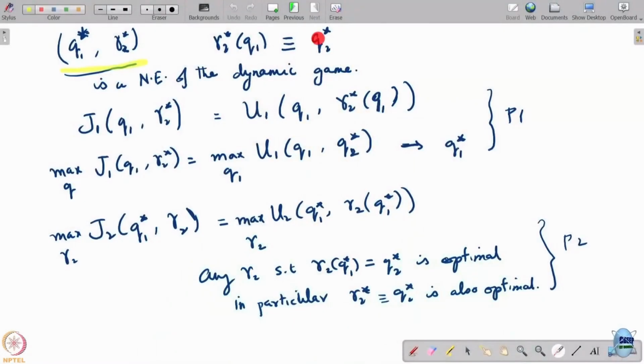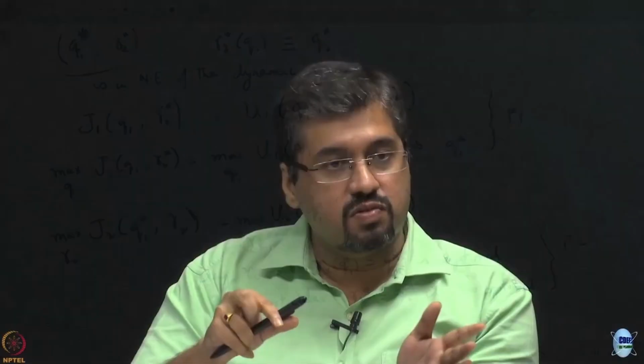Here, the action is Q2 star, which is optimal only when player 1 plays Q1 star. It is not optimal in general. There are values of Q1 for which this is not the optimal response from player 2. So player 2, by ignoring information, is actually playing irrationally in some sense.